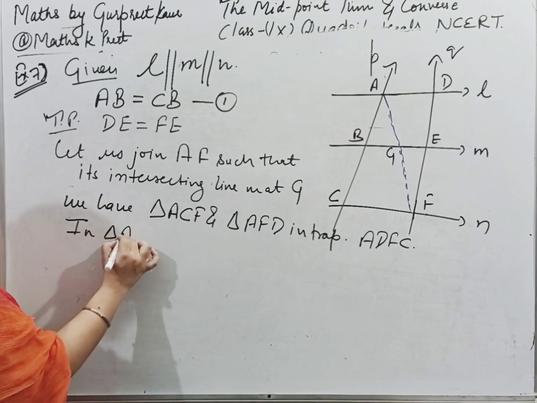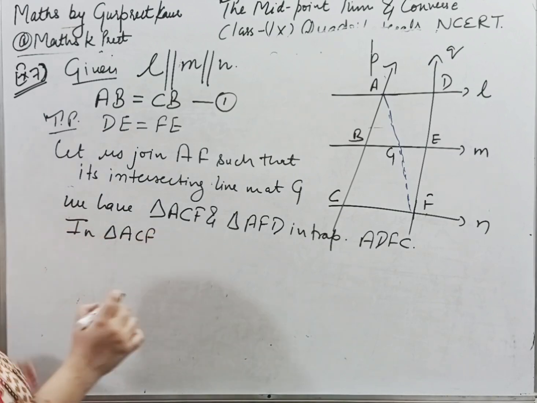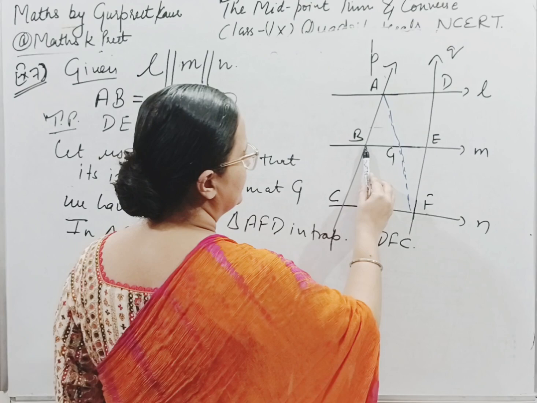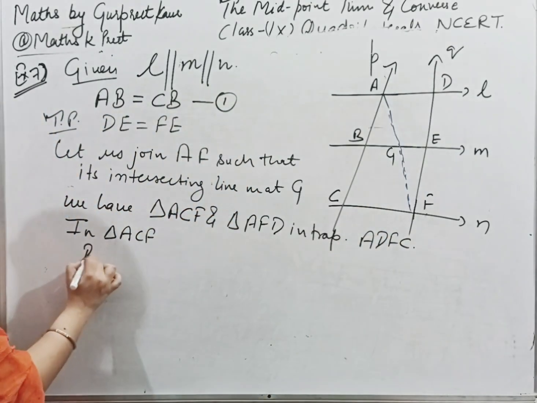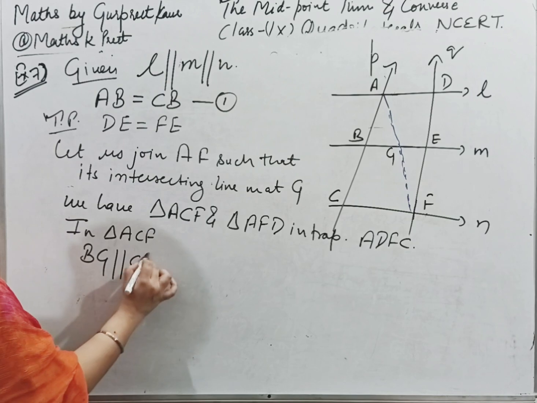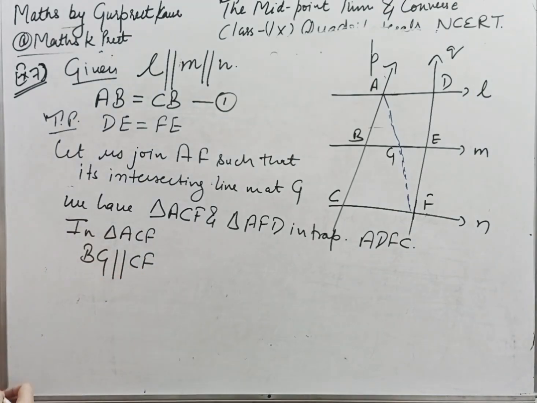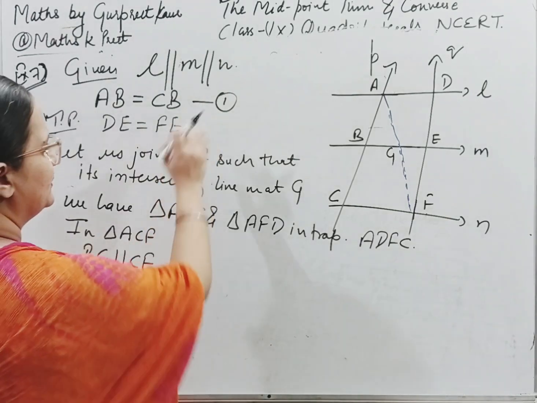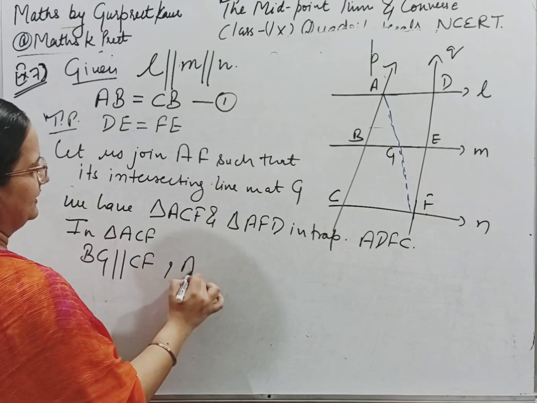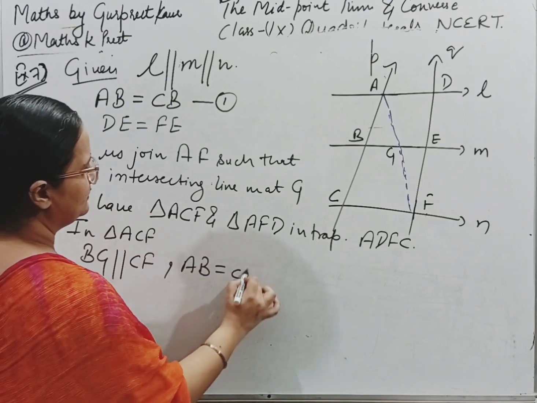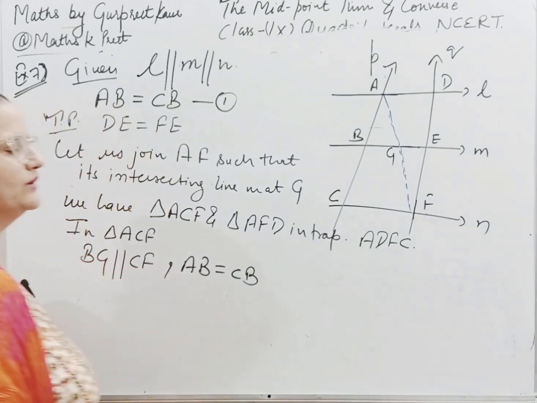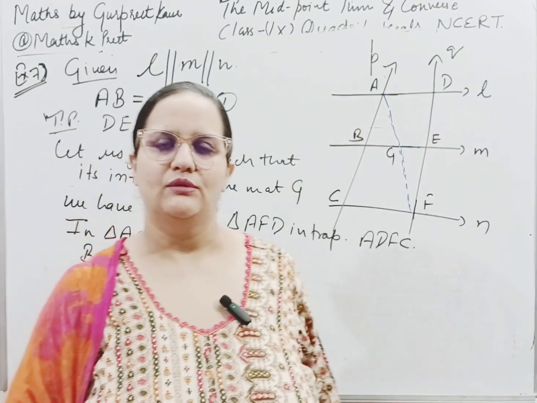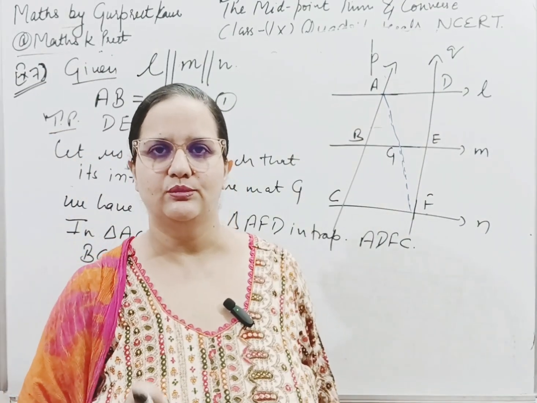Fine. So first we will take the first triangle. In triangle ACF, what we have is that BG is parallel to CF. Why? Because M is parallel to N. And what else we have? This number 1. Also we can write it again, AB is equal to CB. Then this G will be the midpoint of the third side from the result of the converse of the midpoint theorem.